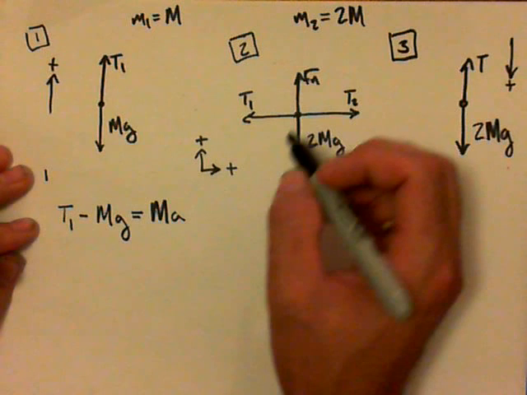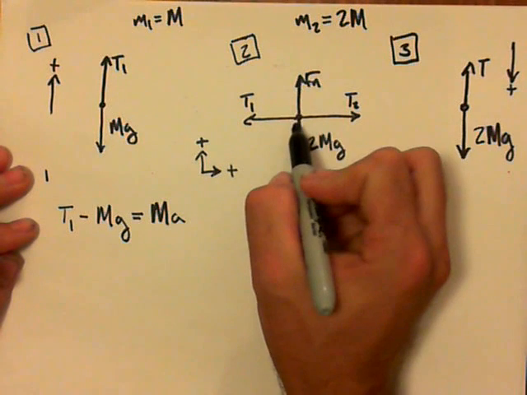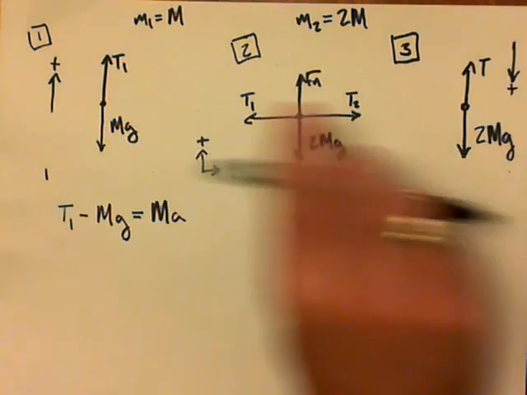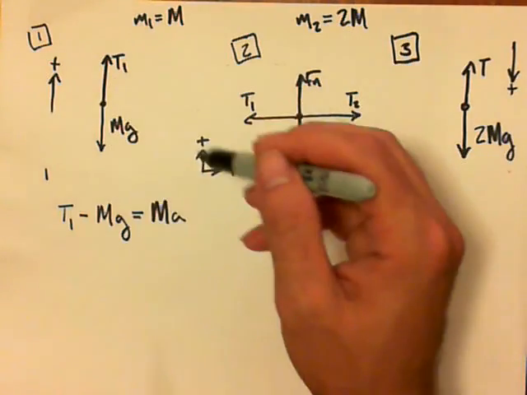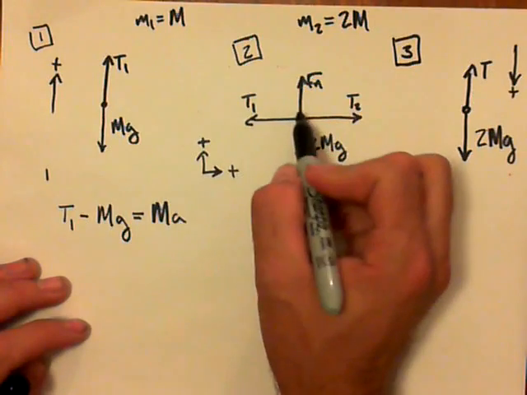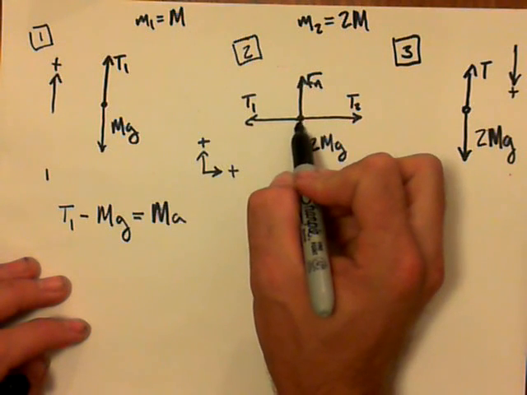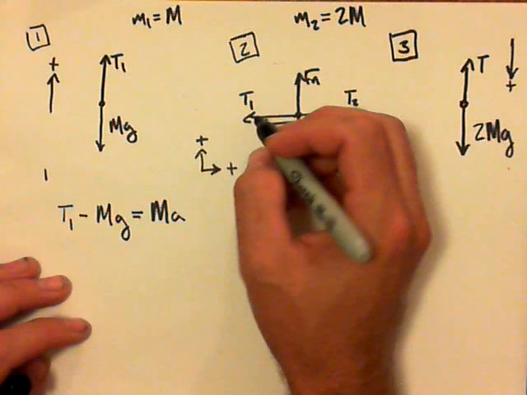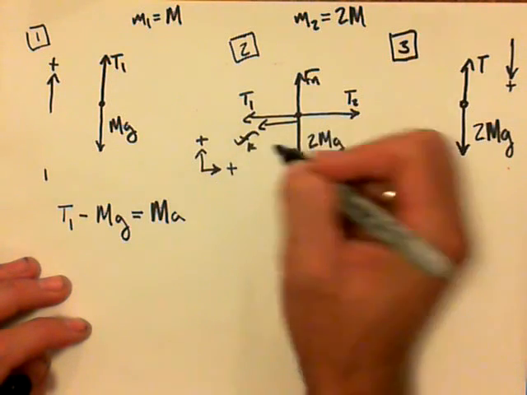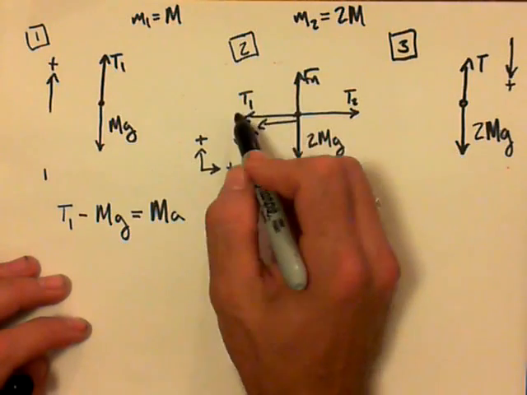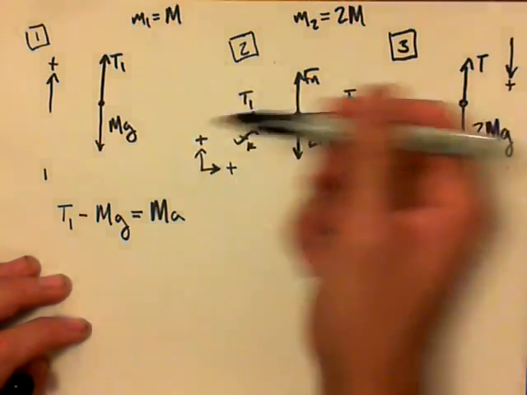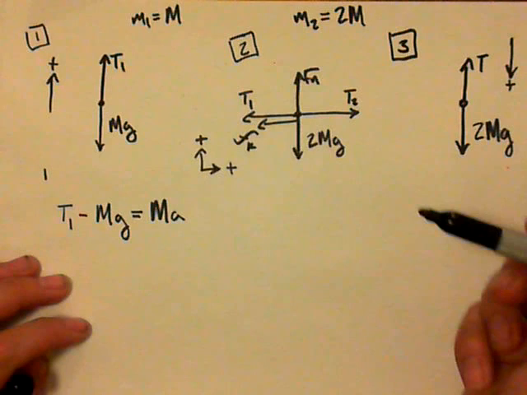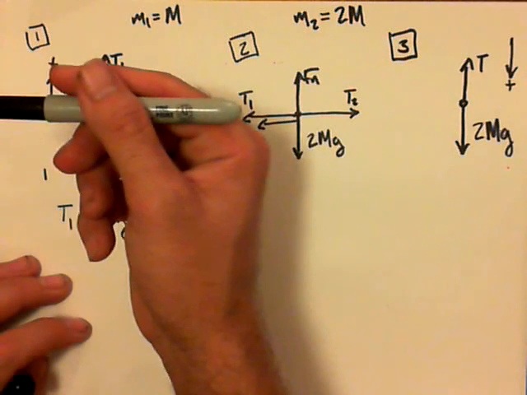Oh, and I forgot a force on 2. You're also going to have your frictional force, right? I'm assuming it's pulling to the left because this block's heavier than that block. So I'm going to put kinetic friction here, with a little k on that. It's running along this same line. I have the tension T1 pulling this way, and friction also creating a force going to the left.